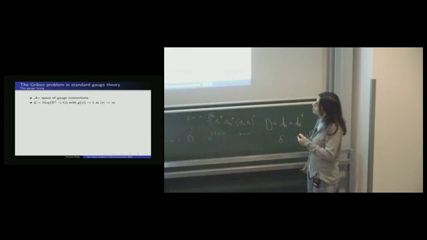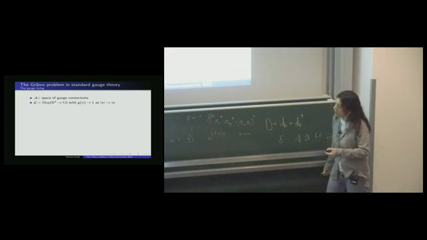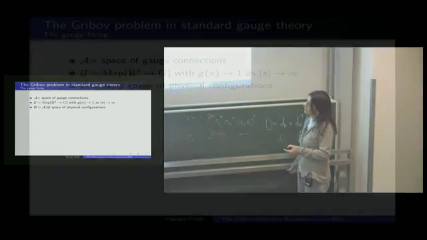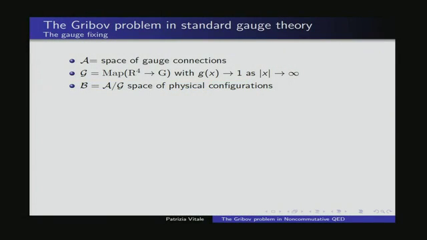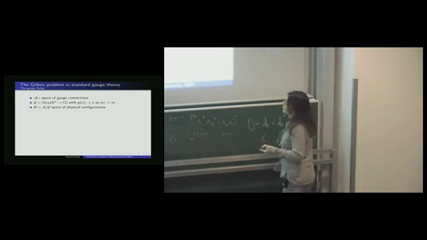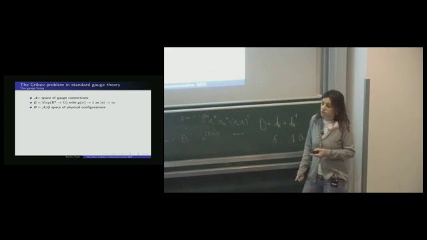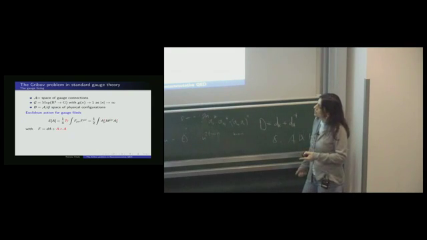And with this condition here, so essentially I am trading this R4 for S4 with this condition that I am imposing. And this calligraphic B is the space of physical gauge connections, namely those which are gauge equivalent to one another. Equivalence classes of gauge connections.